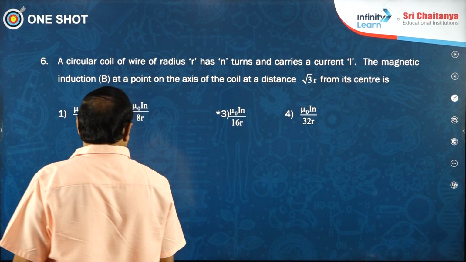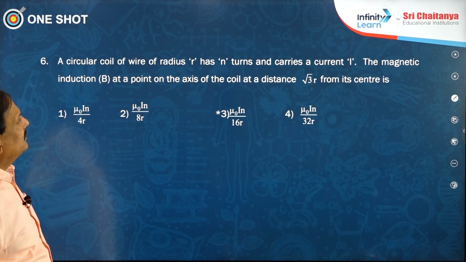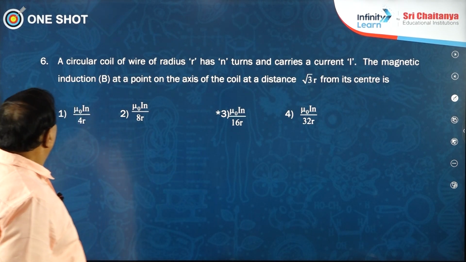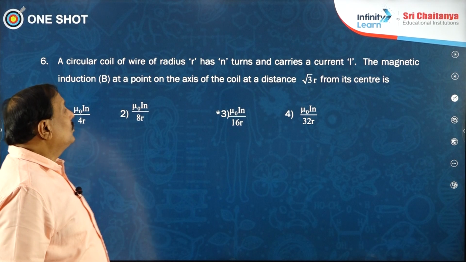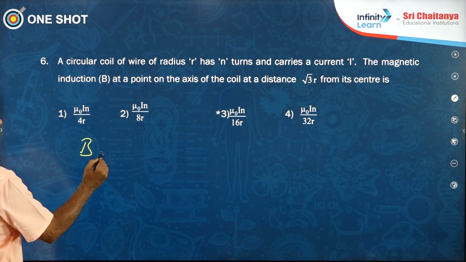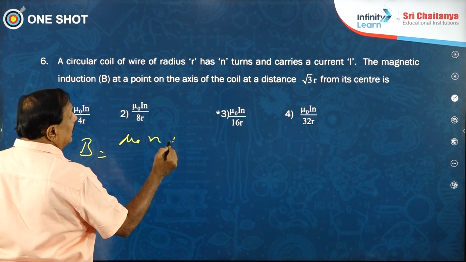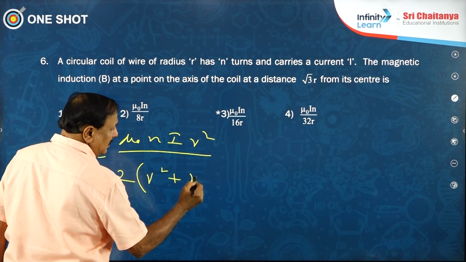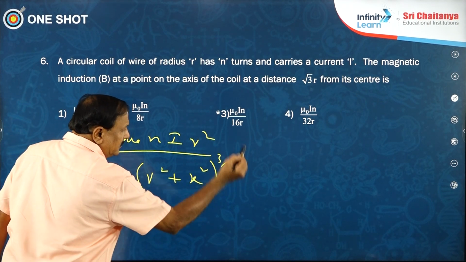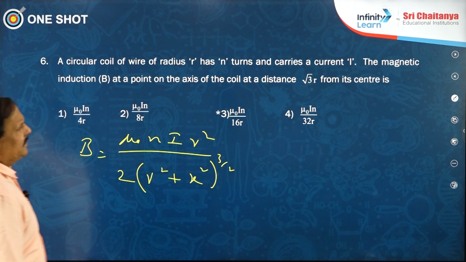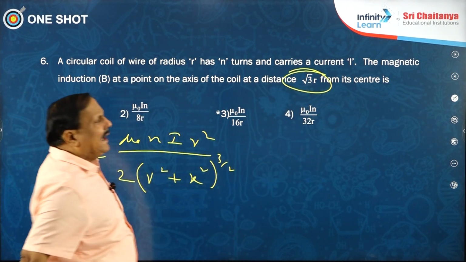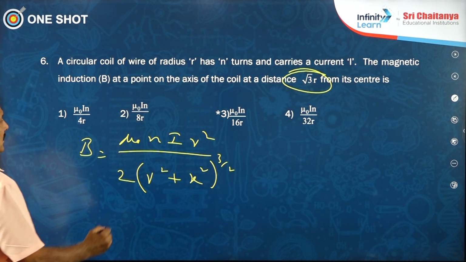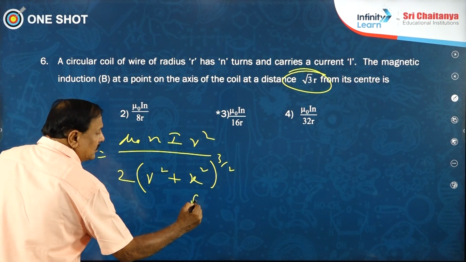Look at this point. A circular coil of wire of radius r has a number of turns, current I. Magnetic induction at a point on the axis at a distance. So, what is the formula? You have to remember the formula I told, mu naught N I r square by, this is the formula. Simply substitute x equal to root 3 r.